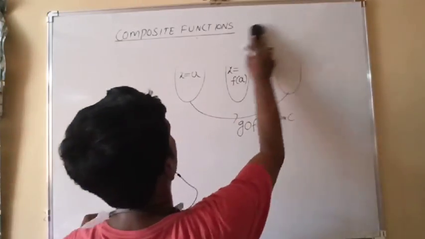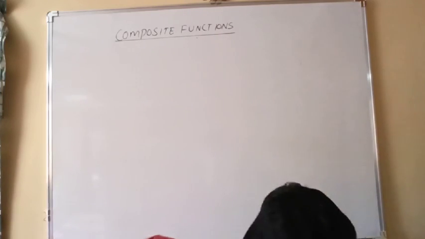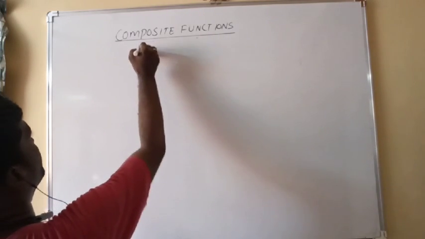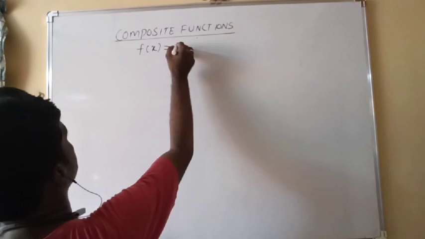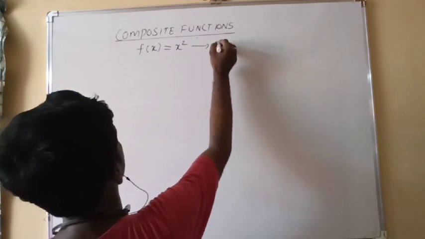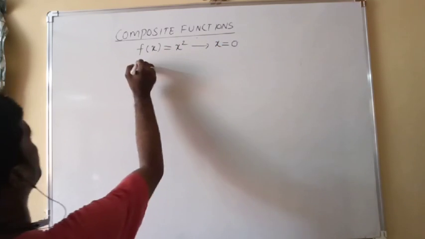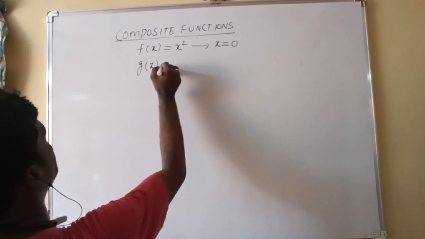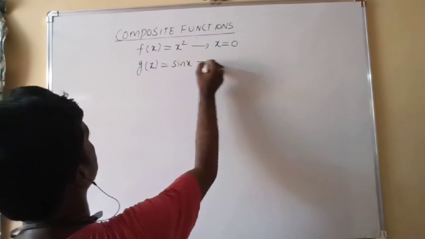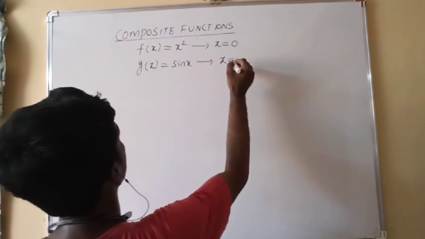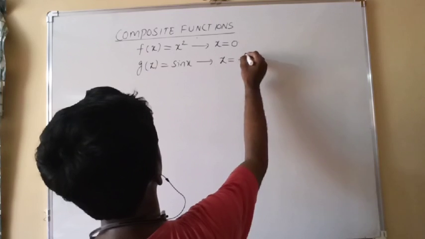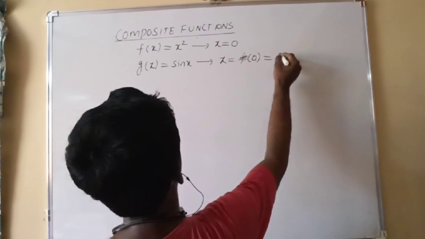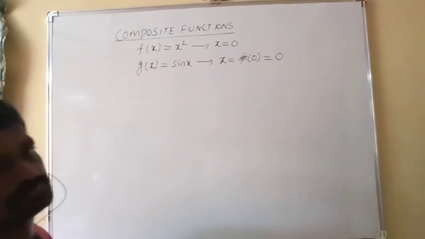So I am taking an example. For example, f of x is equal to x square. It is continuous at x is equal to 0. And g of x is equal to sin x. So it is continuous at x is equal to f of 0. f of 0 is nothing but 0 only.